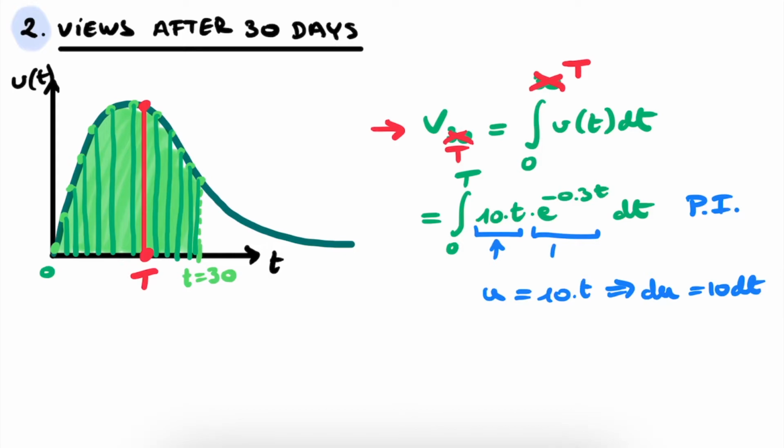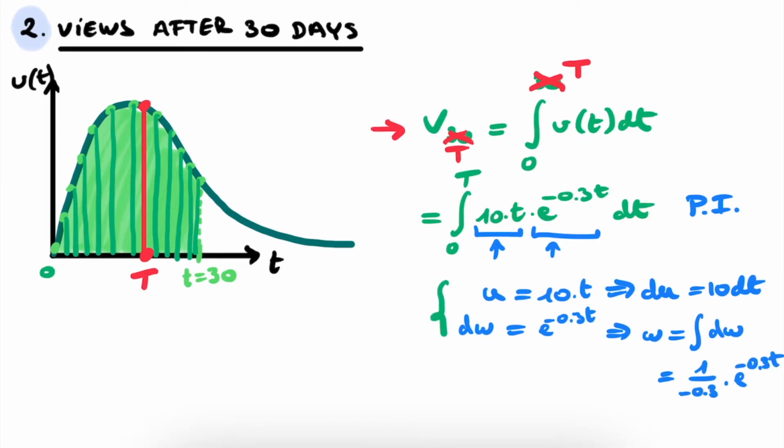And now the second one, the one that remains, will be of course our dw, which will be equal to e to the power of minus 0.3 t, which in turn means that w itself will be equal to the integral of dw. And with dw being e to the power of minus 0.3 times t, this integral can be calculated to be equal to 1 over minus 0.3 multiplied simply by this exponent again.